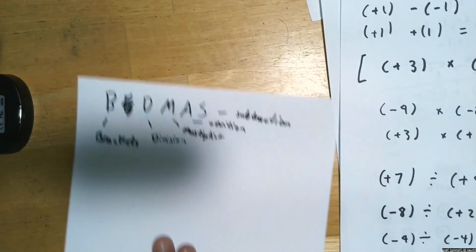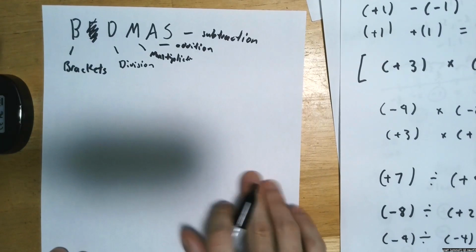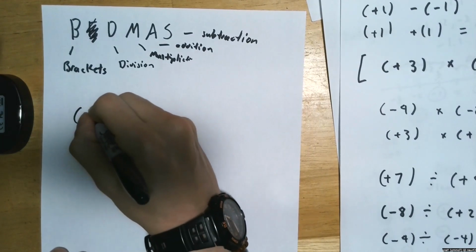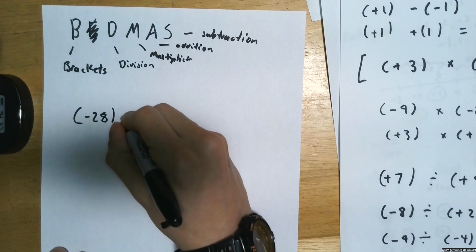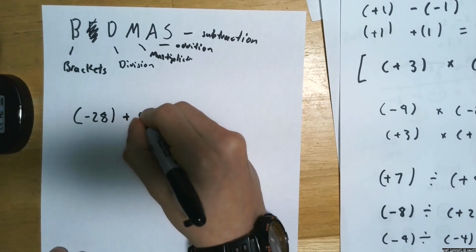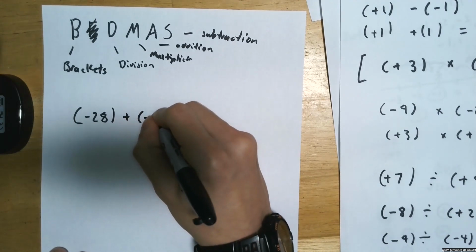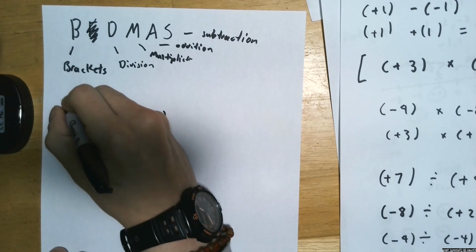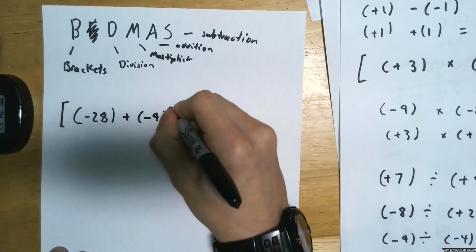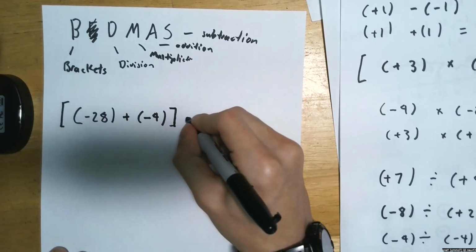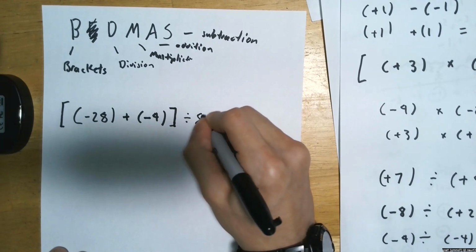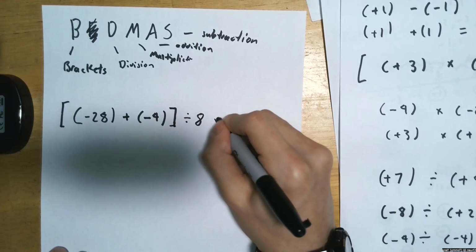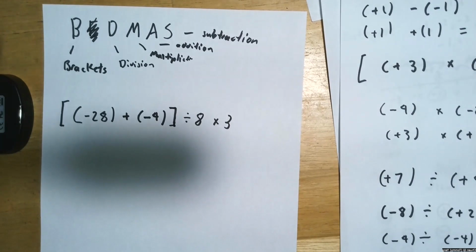Now, what does this mean? So let's say we have a more difficult problem. Negative 28 plus negative 4. We have a bracket here. We have this being divided by 8 and then multiplied by 3. How would we resolve this question?